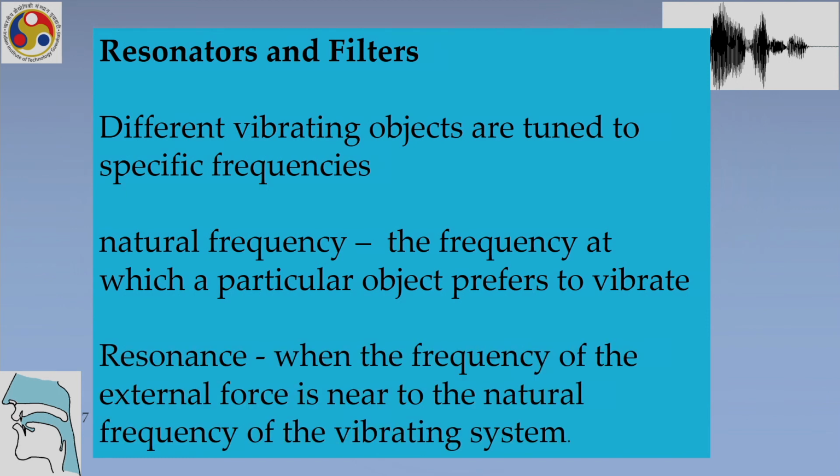When the frequency of an external force is near to the natural frequency of the vibrating system, we have something which is called resonance. We will see how resonators work in the human speech system in this lecture.